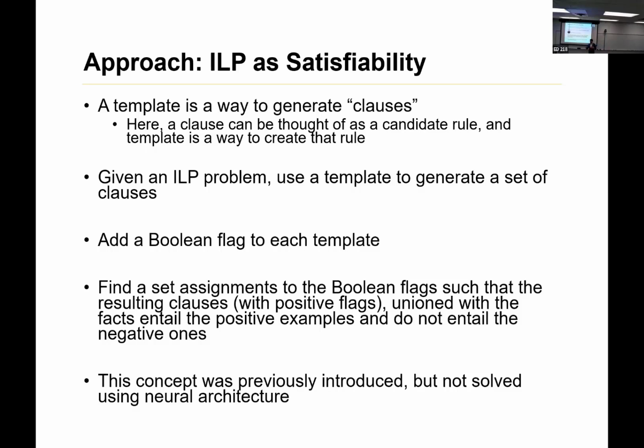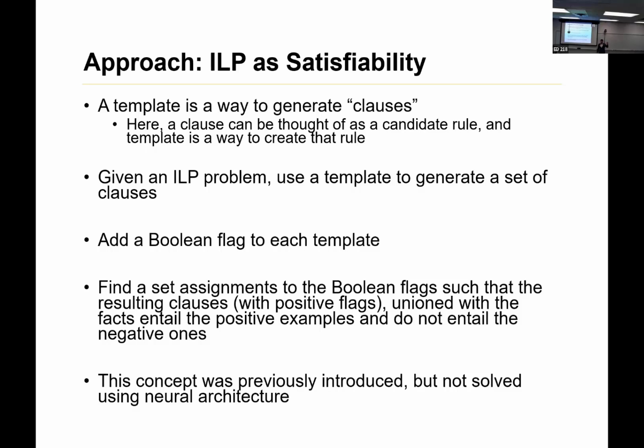So essentially, our solution to this ILP problem is this whole huge program consisting of all these clauses generated by the templates. With each template, there's just an additional atom, and the ones that have the positive flag are going to actually work. Everything else is essentially switched off. But the way you need to think about this to understand the learning is that all that stuff from the templates is in the logic program.